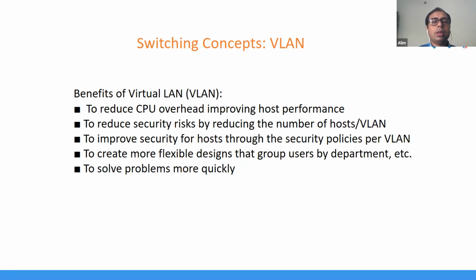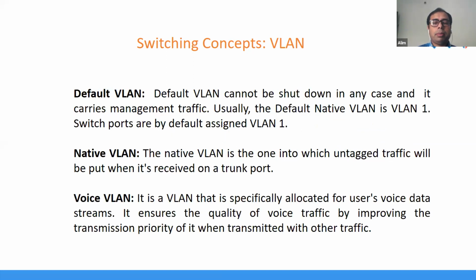Another important issue is troubleshooting. If there is any trouble in a VLAN, then you can isolate that VLAN, because that VLAN has fewer computers than all the computers in a single VLAN. So one important thing you must know is the definition of different types of VLAN.